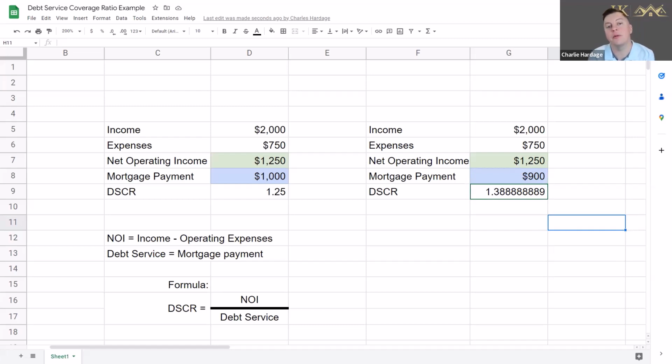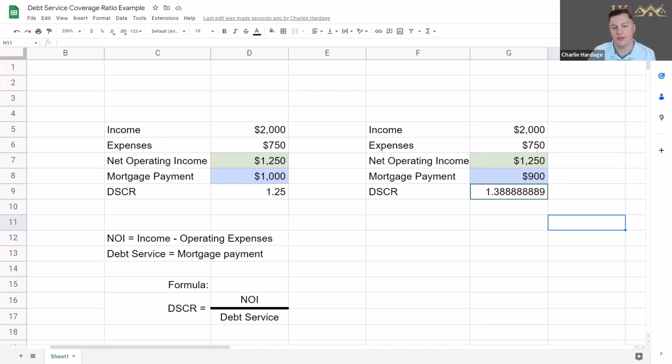So now a lender would be fine with that. But if we go back to the previous example, lenders won't be okay with this except in very, very rare instances. But when we put more money down on the property, now they're like, okay, it's much less of a risk, because if something happens and the income goes down, the expenses go up, the net operating income would come down, the mortgage payment would stay the same, but the DSCR is okay because it's much higher.